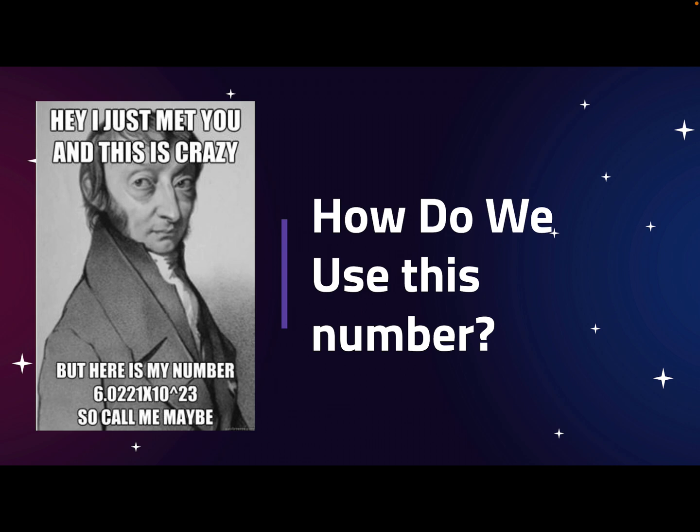Avogadro did a lot of experiments with gases, and he first hypothesized that if you had equal volumes of gases at the same temperature and pressure, then they should have the same number of particles occupying that volume.